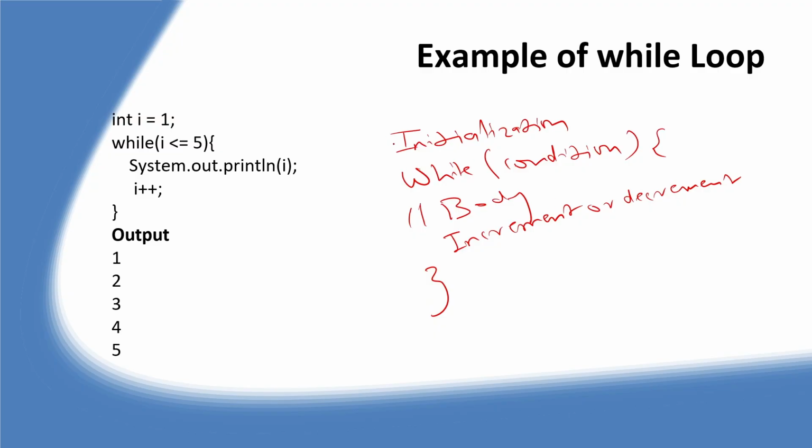So initialization is not part of the while loop, but it will be part of the code that is already executed. As part of the while loop, it will check the condition. If it is true, it will execute the whole body, including the increment or decrement.